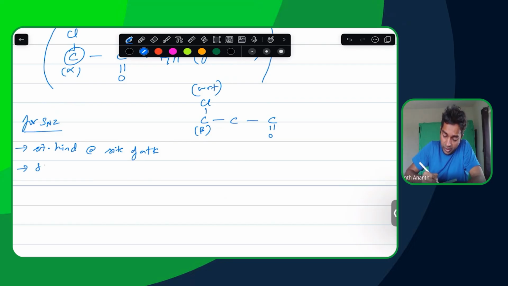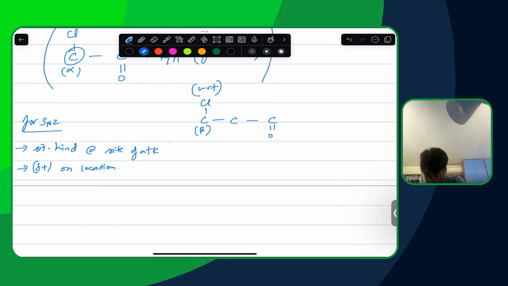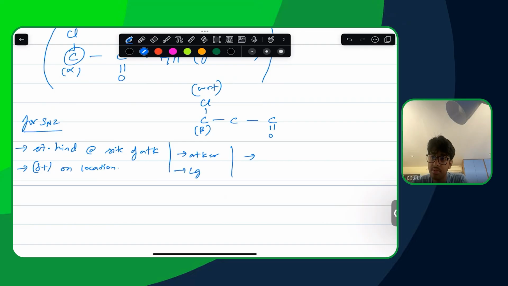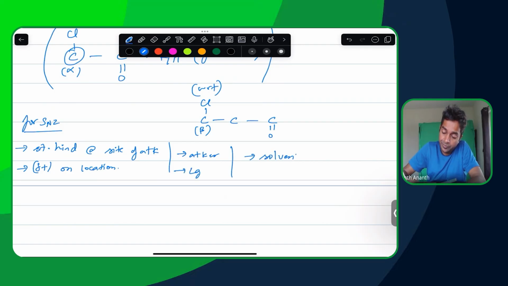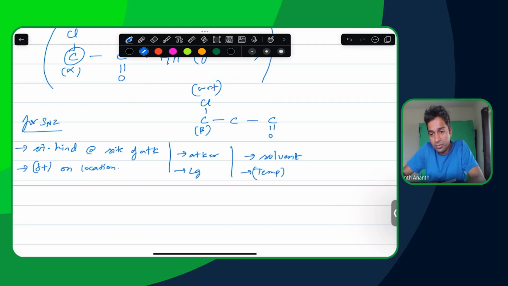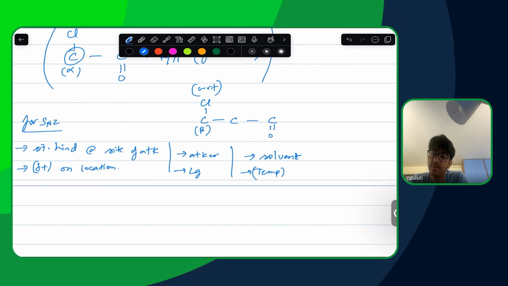Okay, let's put it as a delta plus on that location. Then attacker, leaving group, solvent, and temperature. Yeah. Temperature decides the competition between E1, SN2 and E2.